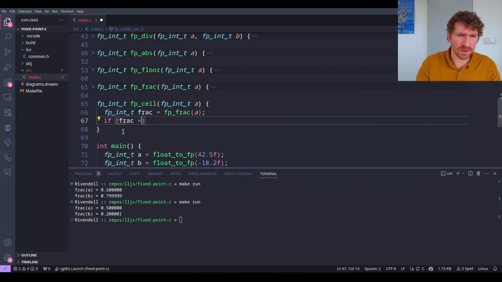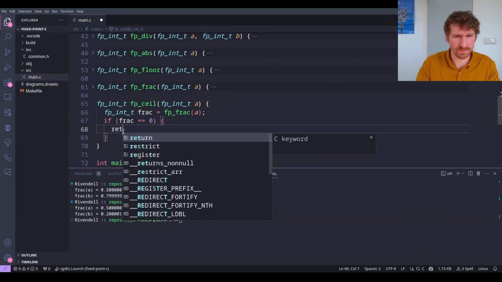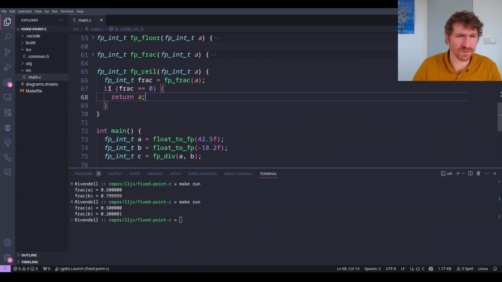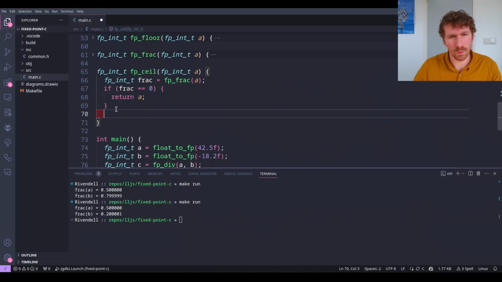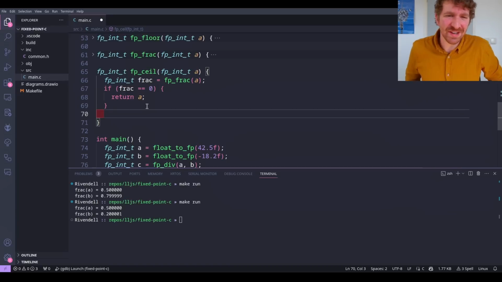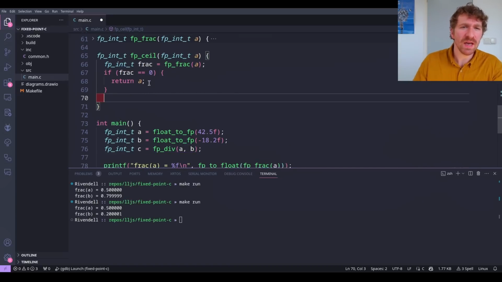If the fractional part is 0, then we can just return the number as it is. We don't need to make any modifications to it. Awesome. As it turns out, by the way, that 0 is the same even if we do this inversion thing, so this was slightly unnecessary, but in any case.